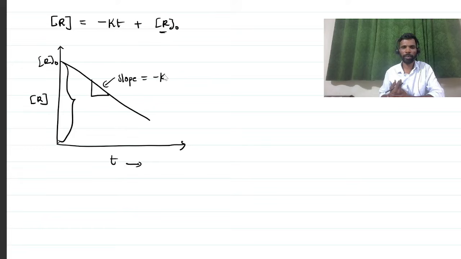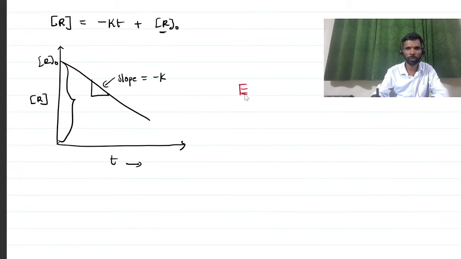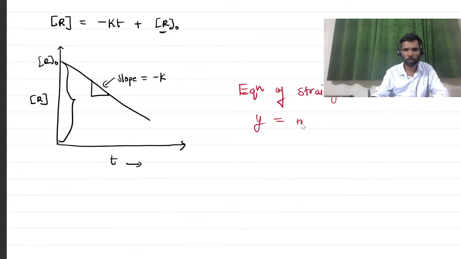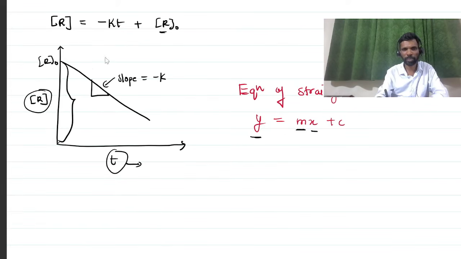You can easily understand this if you know the equation of a straight line, which is y is equal to mx plus c. Here y is the y variable, x is the x variable, and m is the slope. Here minus k means negative slope.